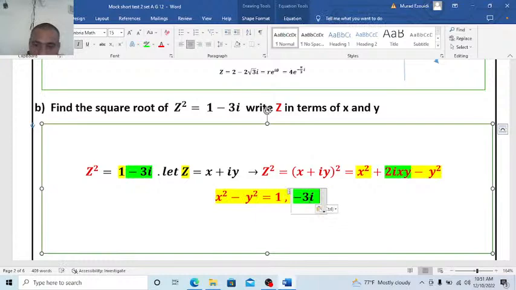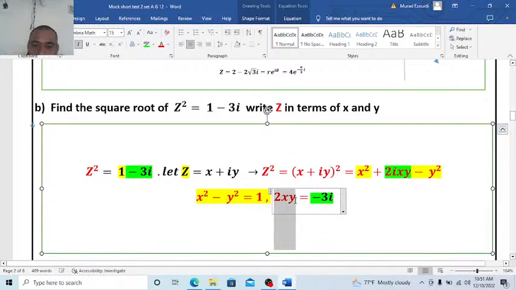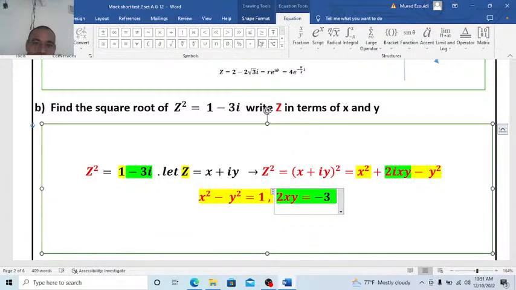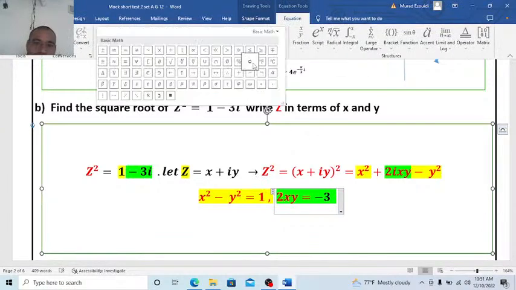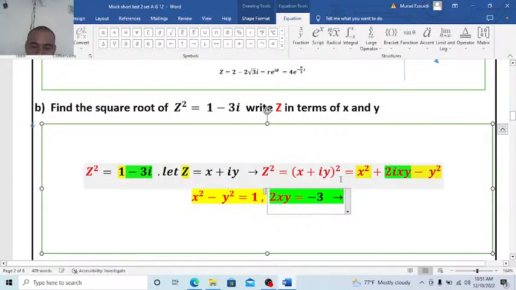I will add first, this 2xy should be equal to negative 3, and this negative i will be removed. Therefore, if you divide both sides by 2x, you will obtain x.